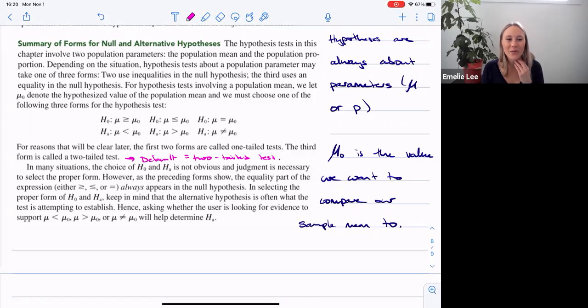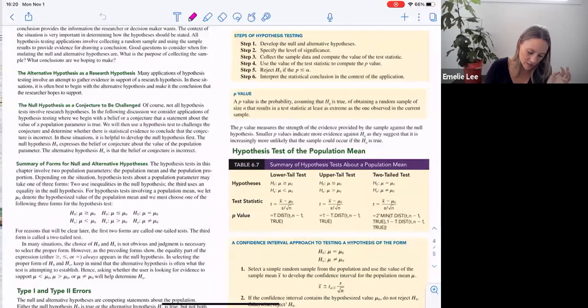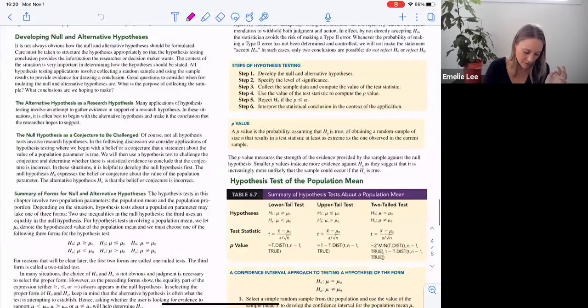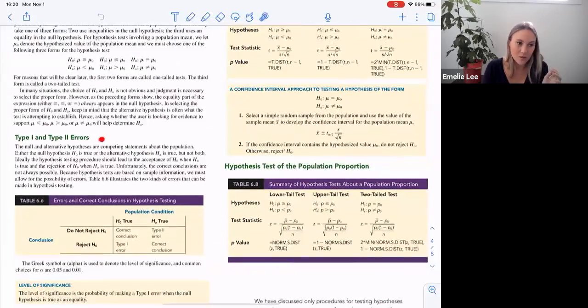I see I'm out of time, but next day I want to show you how to build confidence intervals in R, and then finish talking about hypothesis testing. It would be really good if you could read up on type 1 and type 2 errors.